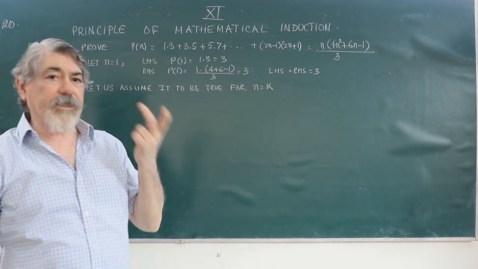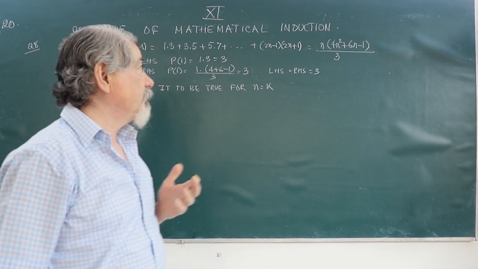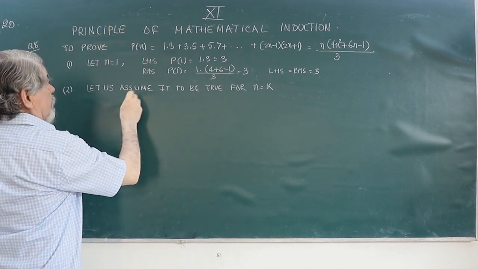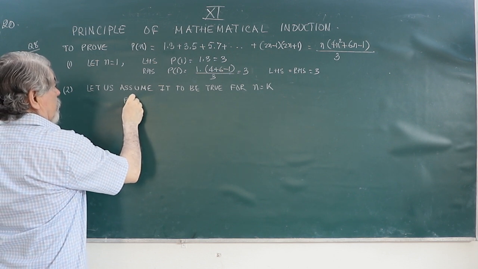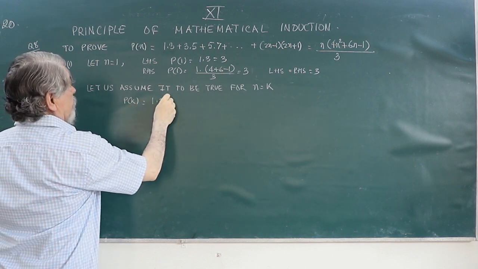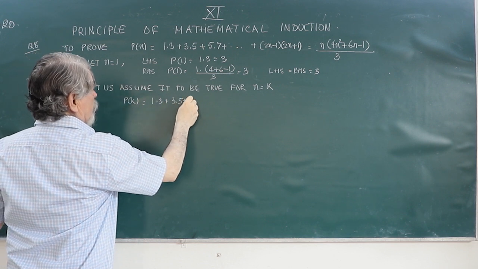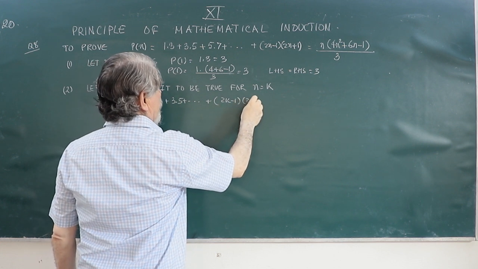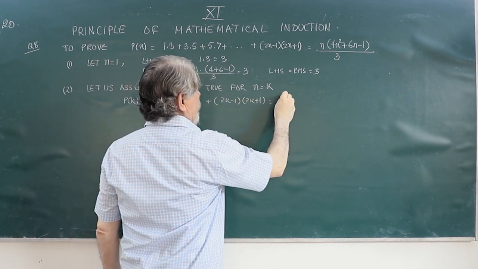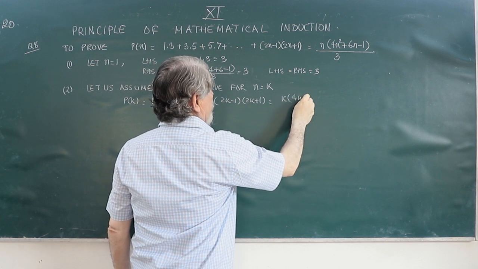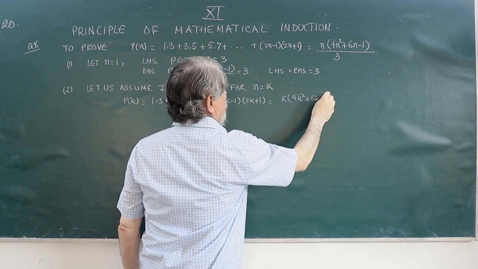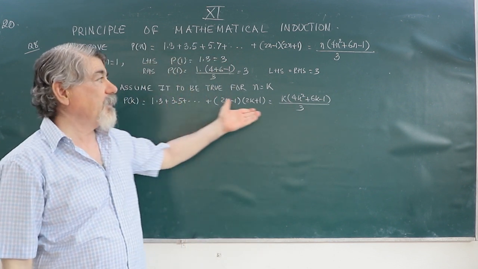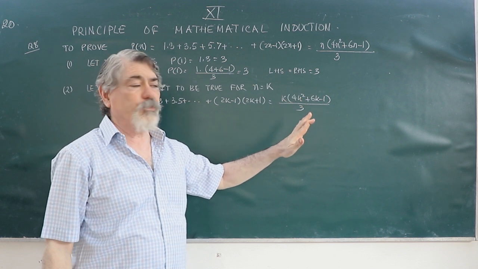So Pk will be equal to 1 into 3 plus 3 into 5, and so on, plus (2k minus 1) into (2k plus 1) is equal to k into (4k squared plus 6k minus 1) upon 3. We have assumed this to be true.